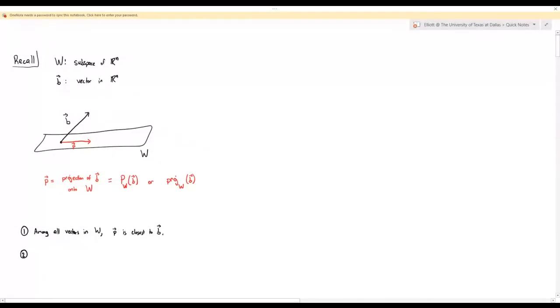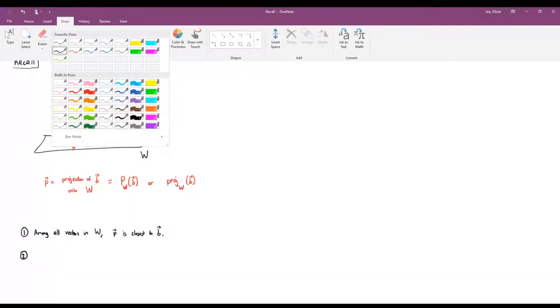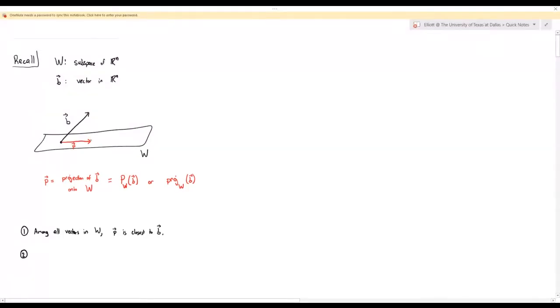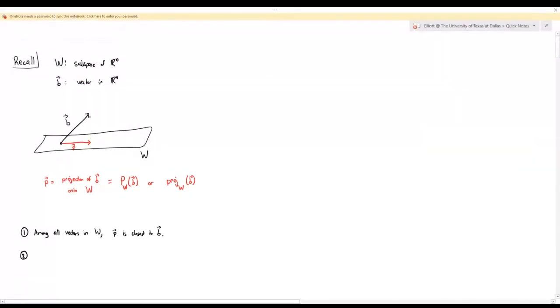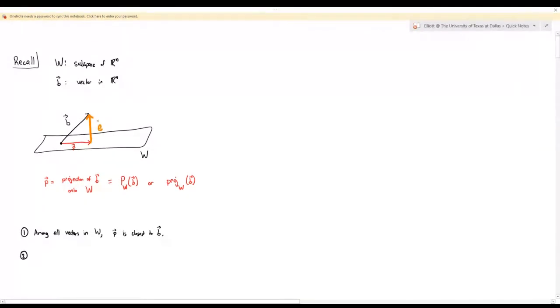And the second important property was, if we look at the vector connecting from P to B, that vector there was referred to as the error vector.